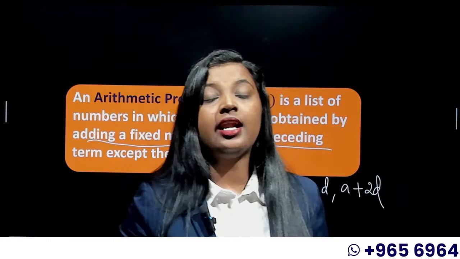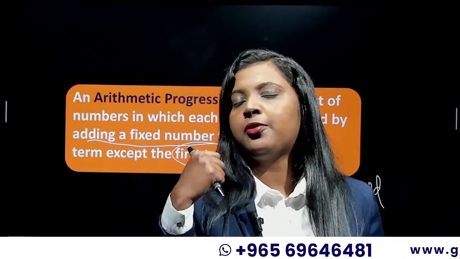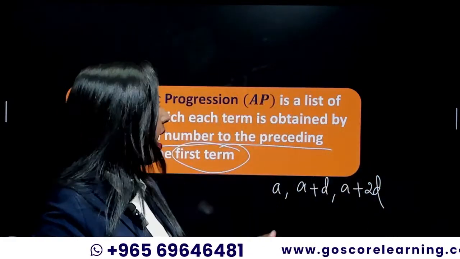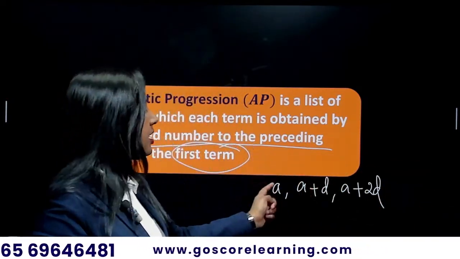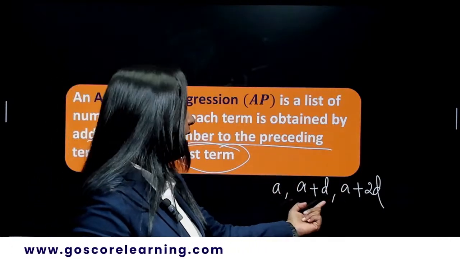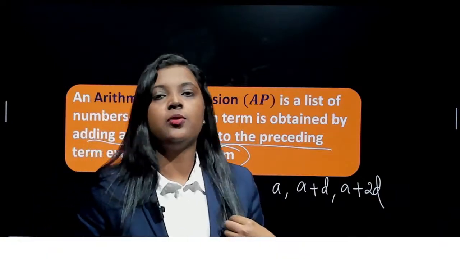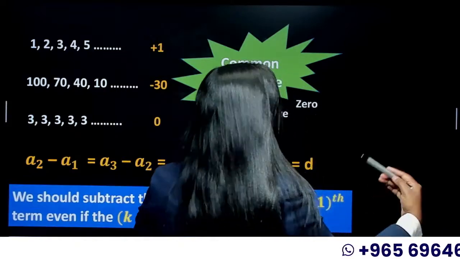In arithmetic progressions we call it the common difference D. So first term was A, then the second term we obtain by adding D, that is A plus D, and we add one more D, so the third term is A plus 2D. Like that it continues. So this is our AP, and that is all about the definition of AP.